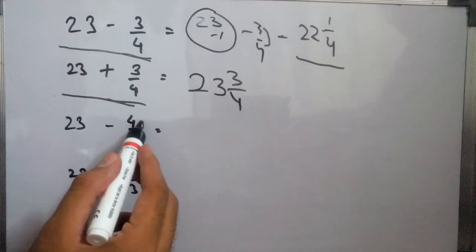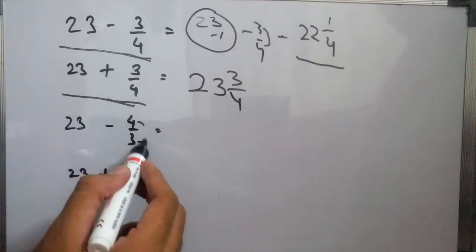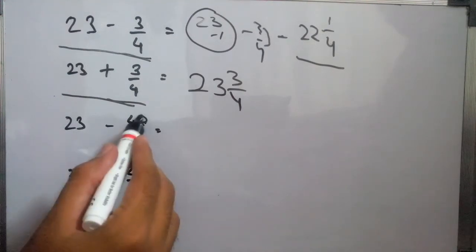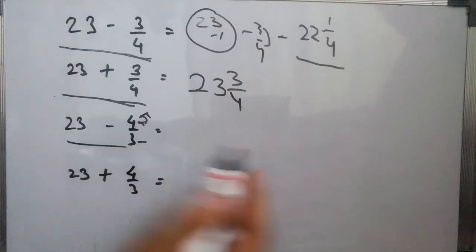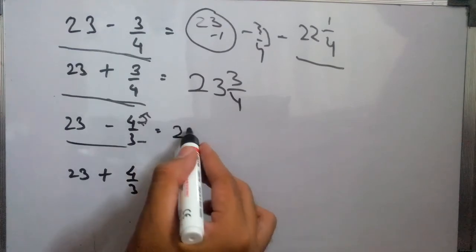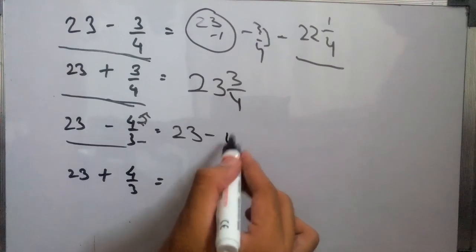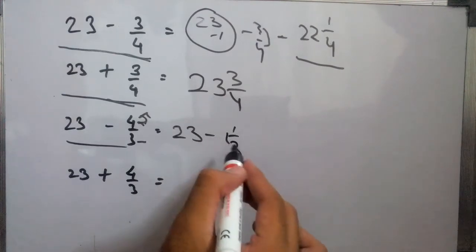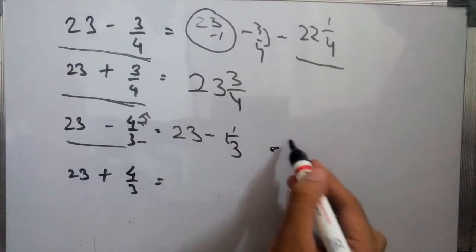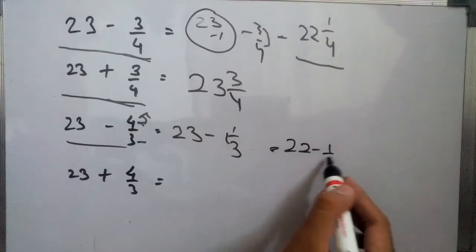Now here the denominator is smaller and the numerator is larger. So 23 minus 4 by 3. We can write 4 by 3 as 1 whole 1 by 3. So it becomes 22 minus 1 by 3.